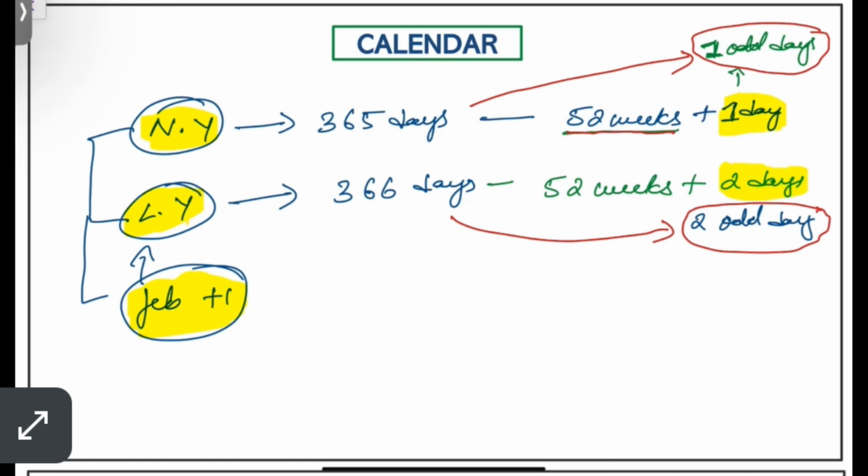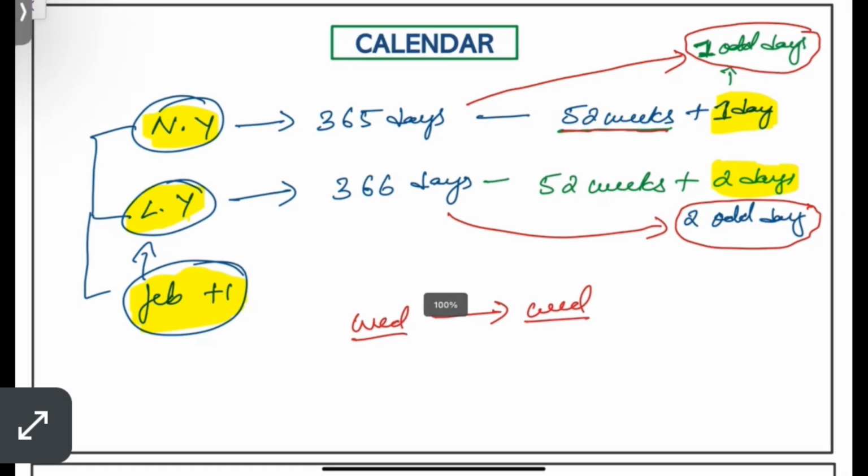Just keep in mind, in a normal year, a year starts and ends with the same day. That means if Jan 1 was Wednesday, then December 31st will be Wednesday. I'll discuss this in detail later after we have done some topics.